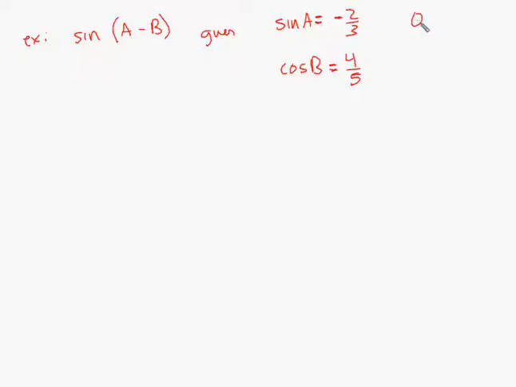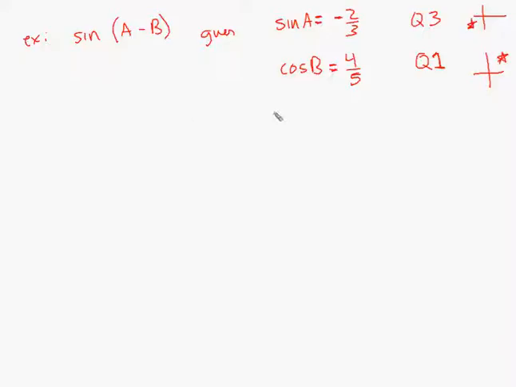And A is in quadrant 3, and B is in quadrant 1. Okay, so I have them now in two different quadrants, so we're going to have to be very careful about what we're doing. If B is in quadrant 1, sine is going to be positive. And A is in quadrant 3, that means cosine is negative.